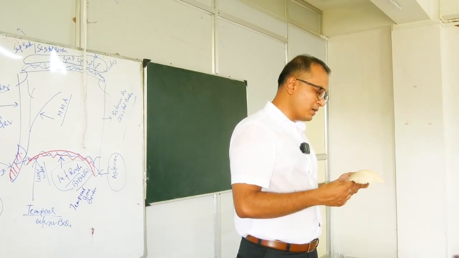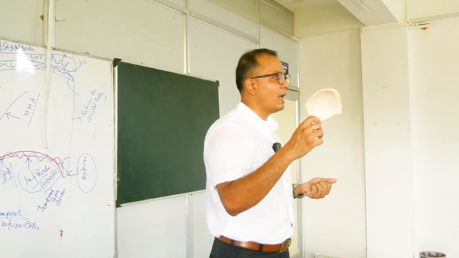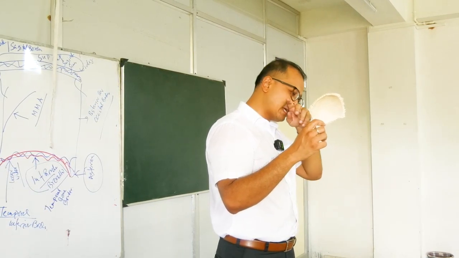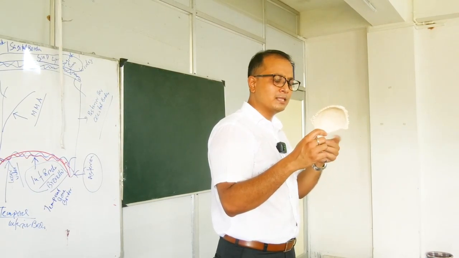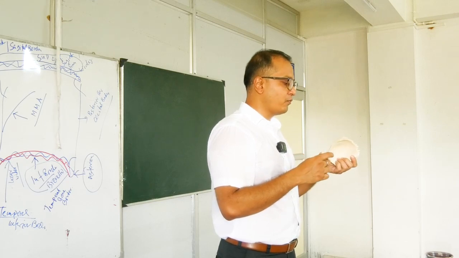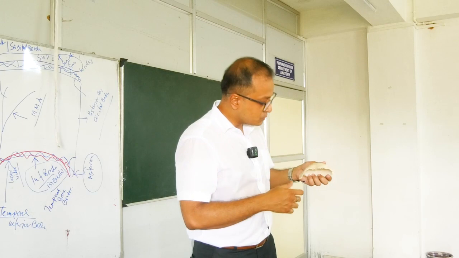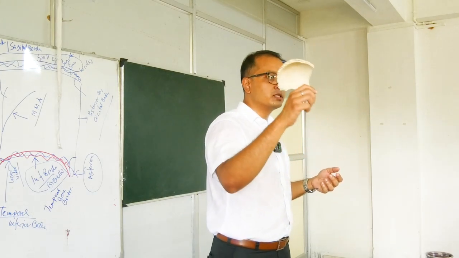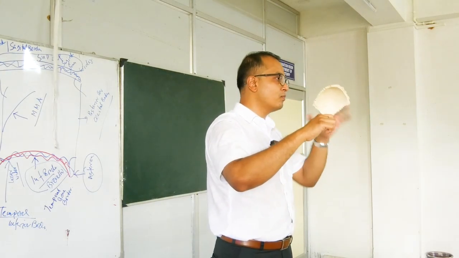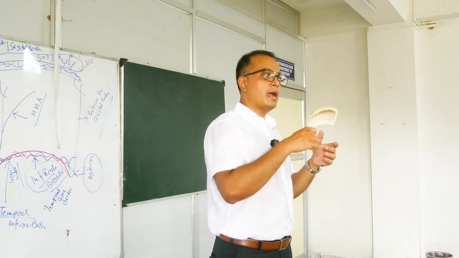Talking about this bone, again we have to know the angles, the surfaces and borders: 4 surfaces, 4 angles, and the significance of these 4 surfaces and 4 borders has to be identified. The most prominent or most projected angle out of these 4 is the anterior inferior angle.